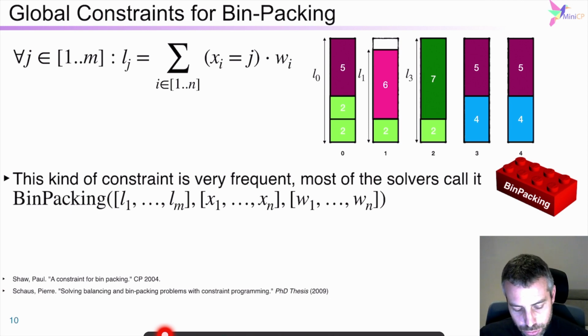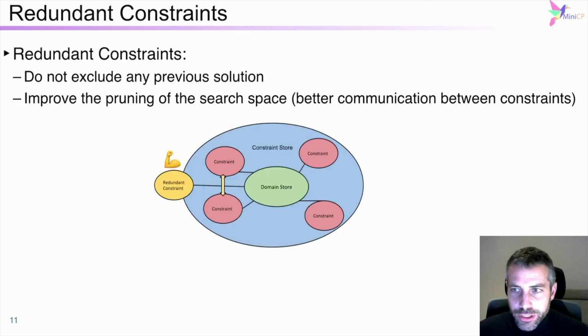This constraint was introduced in these papers, and you can also find some filtering algorithms in my thesis about the bin packing constraint. The model that we have shown so far works perfectly well, but we can improve it by adding redundant constraints.